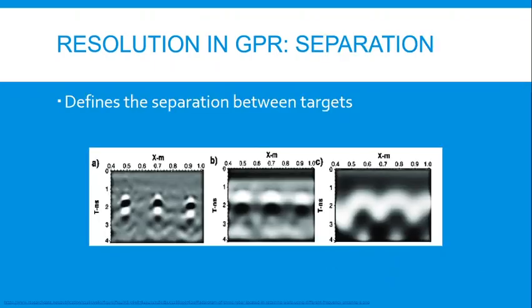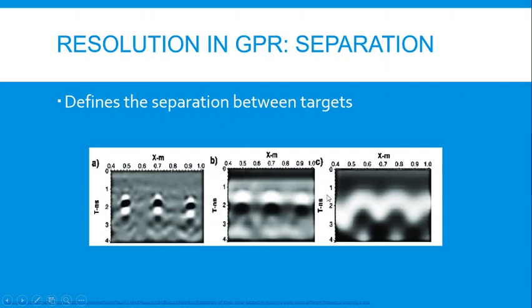So as we see some examples here for the separation of rebars, what resolution tells us about GPR images. See, these are the different scans. Basically these are the B scans, or we can say the profiles of GPR.